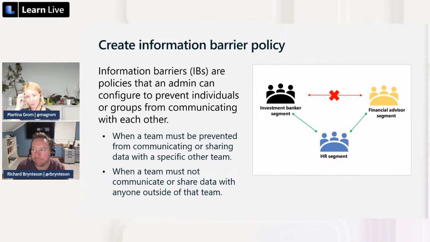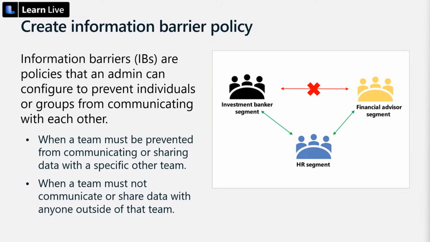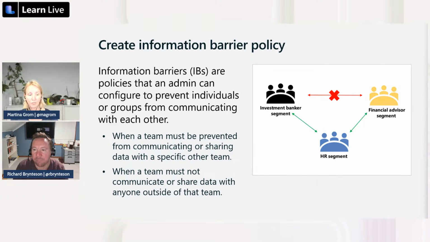To give you an example, Alex V is working in the banking segment, and Bill belongs to the financial advisor segment. They can't communicate with each other because the information barrier policy blocks the communication between those two segments. It could be insider trading that is involved here, and you do not want them to communicate.